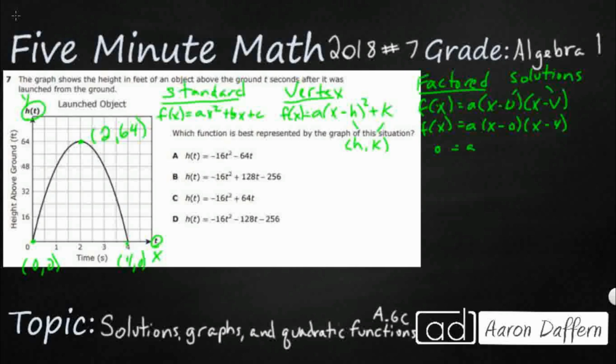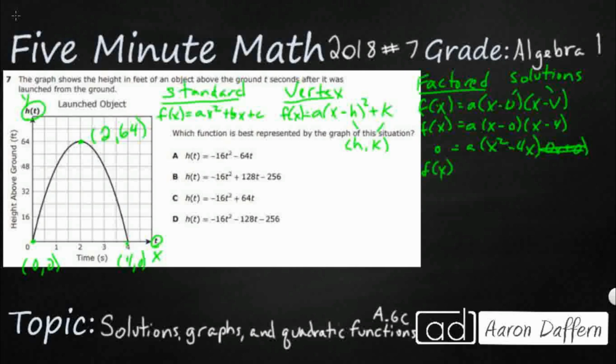And let me go ahead and multiply these binomials here. So this is going to be x squared, right? And then I've got minus 4x minus 0x. That's just going to be 0, and then plus 0. So you see how that's helpful, because I'm just getting rid of that. So really, that's as far as I can get there.